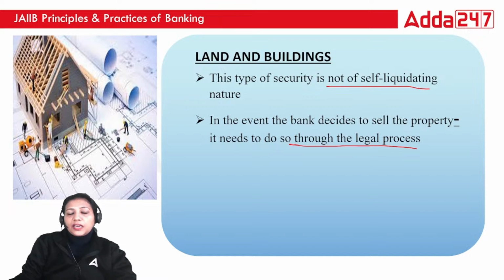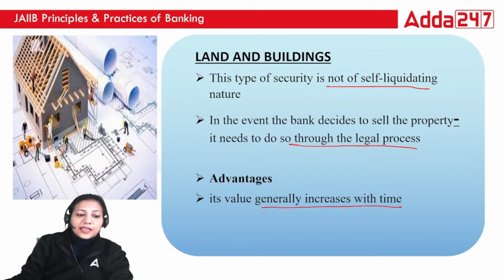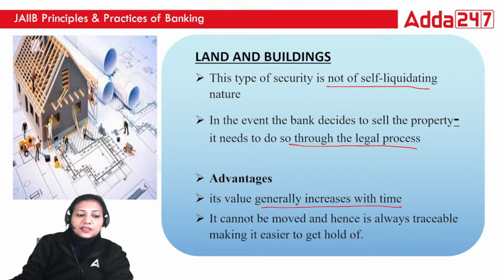But we don't have to go to the court for liquidating the asset. In case of the SARFAESI Act, the advantage is its value. Land and building generally increases in value with time, and it cannot be moved and hence is always traceable, making it easier to get hold of.